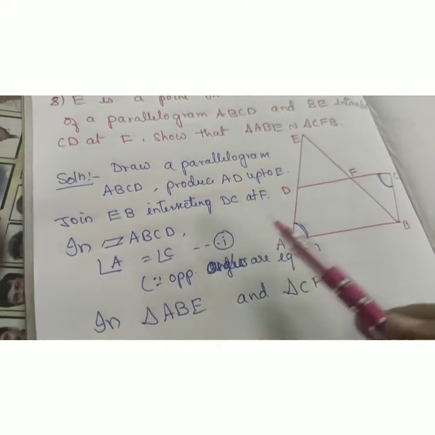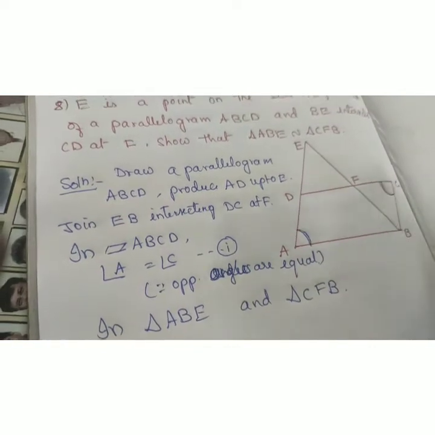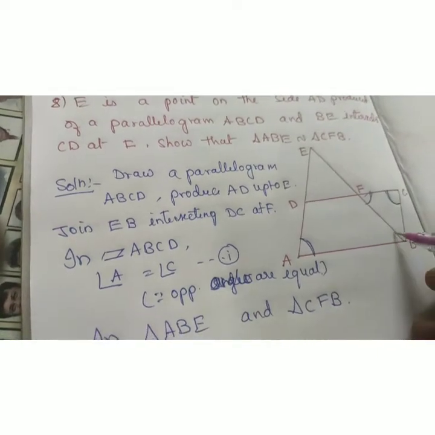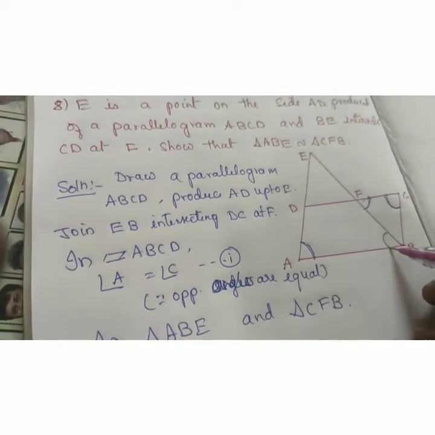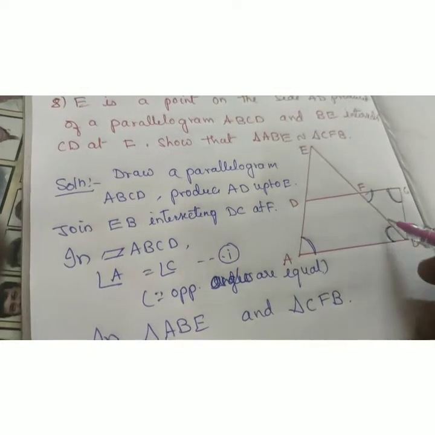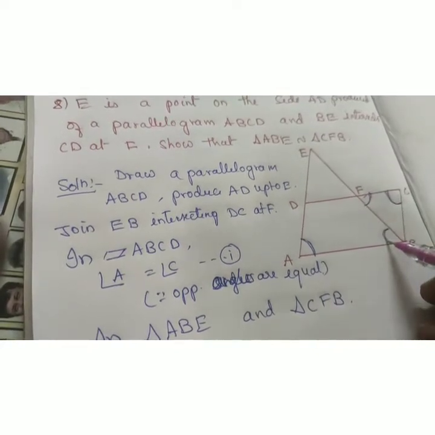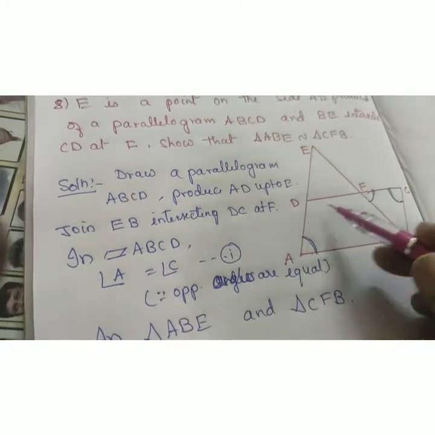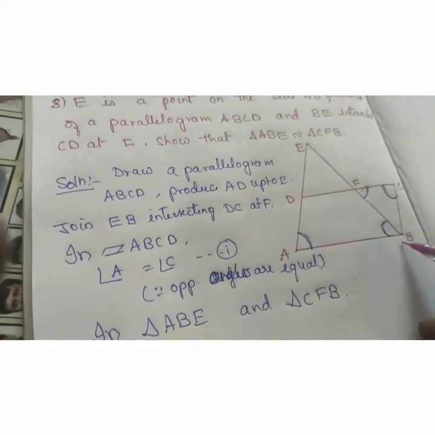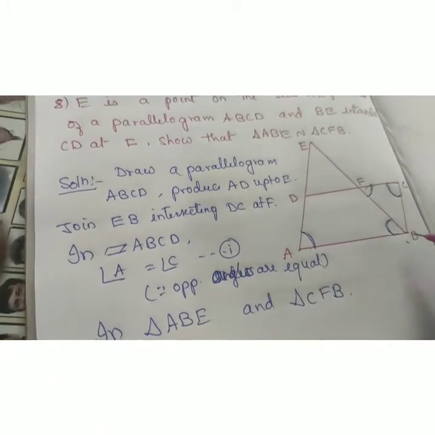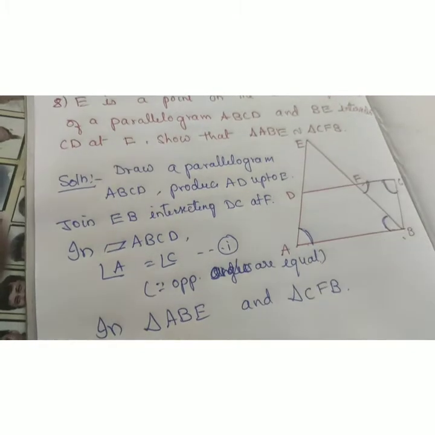Then we have angle CFB, which will be equal to angle FBA because they are alternate interior angles, as AB is parallel to CD and EB is the transversal. So those two angles are equal. So we got two angles equal.